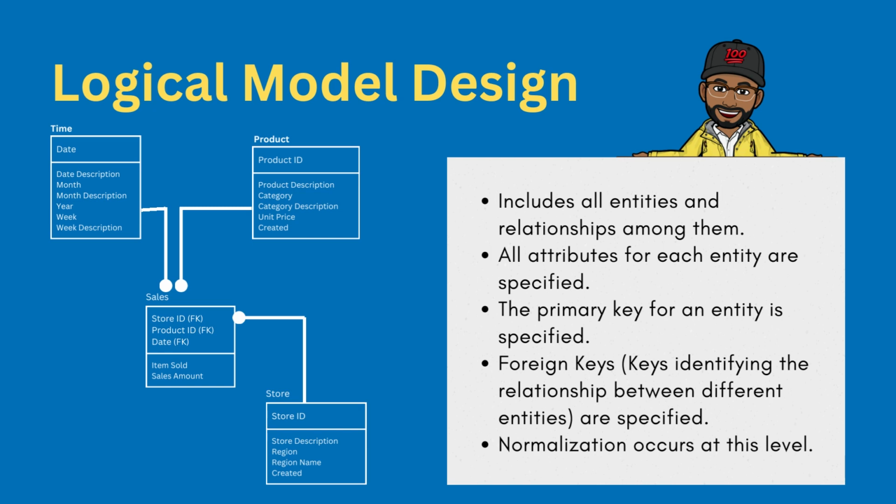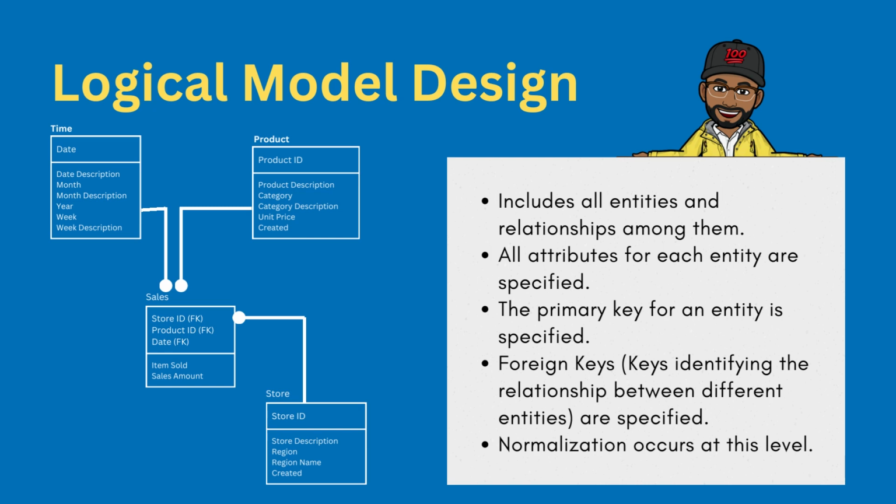So date description, month description, year, week, all those. Whatever attributes you want to have, you can have them all here. In the product entity, you can have product ID, product description, category and category description, unit price, created time and updated time.